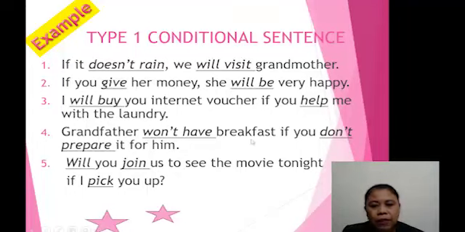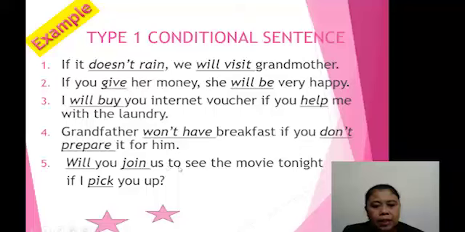Grandfather won't have breakfast if you don't prepare it for him. Won't here is short for will not, will not have, and in the if clause, you use the negative form of simple present. Don't plus verb 1.